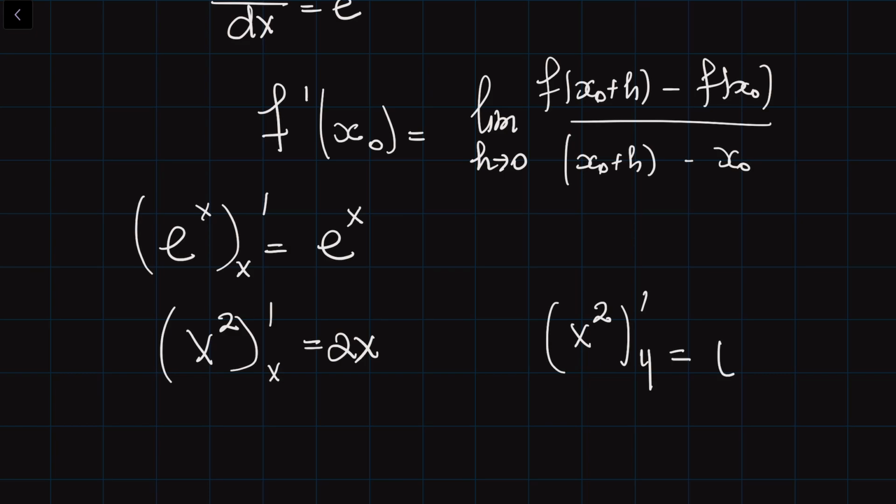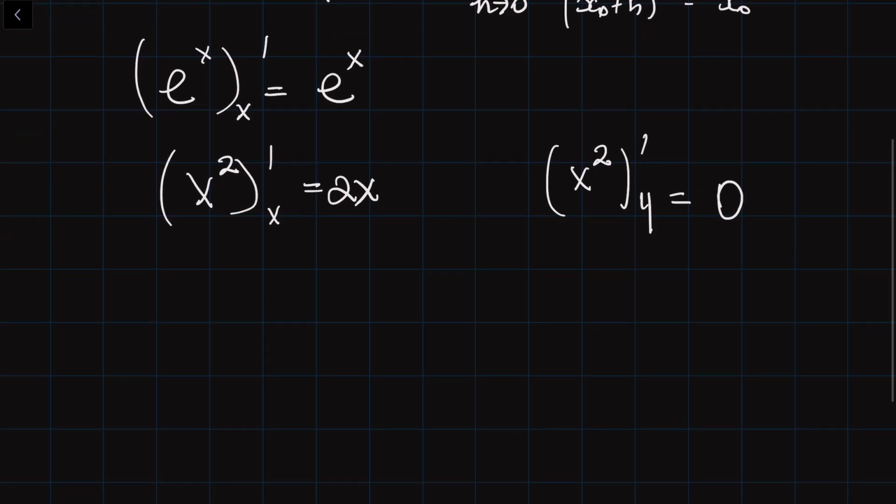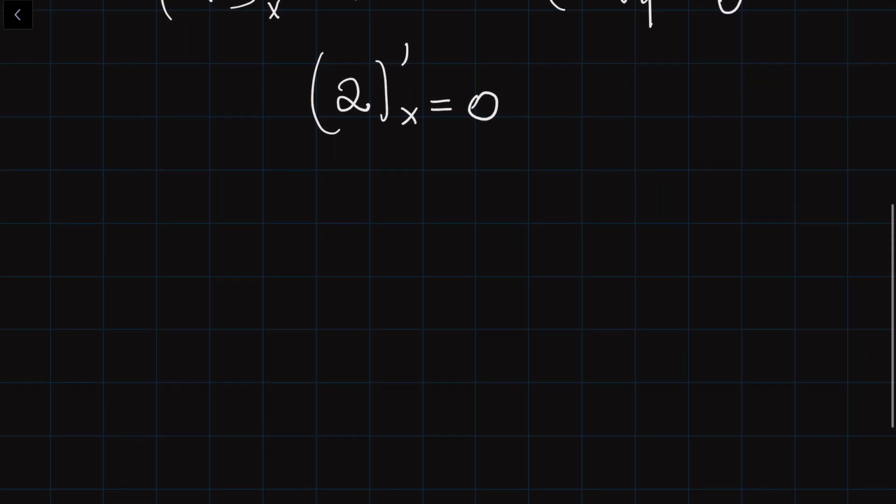So do you remember that if you have a constant, the derivative of a constant with respect to the variable is equal to 0? I hope that you know this, and we can even prove this. The meaning is that it doesn't matter how much you're changing the x, the 2 is going to be there, right? So what is the function of the 2?